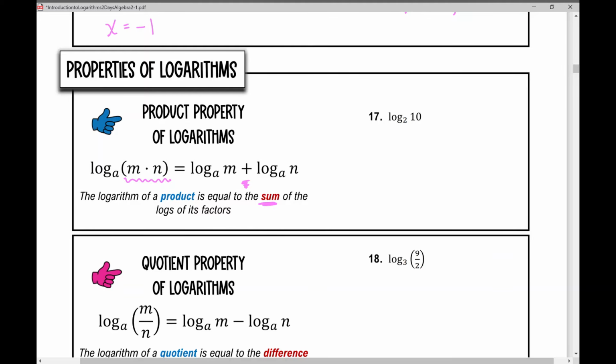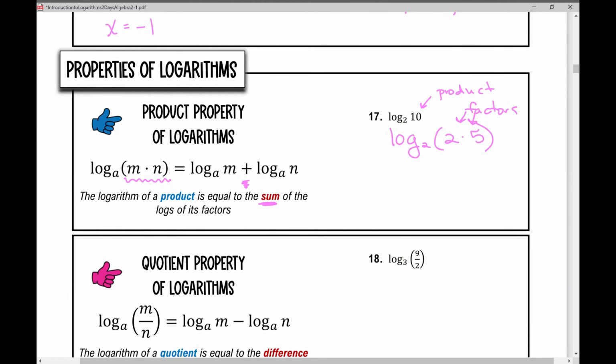So let's look at number 17, this example over here. Log base 2 of 10. Well, I can rewrite this as the log base 2 of, give me two factors, 2 times 5, right? So this would be considered the product, and these would be considered the factors.